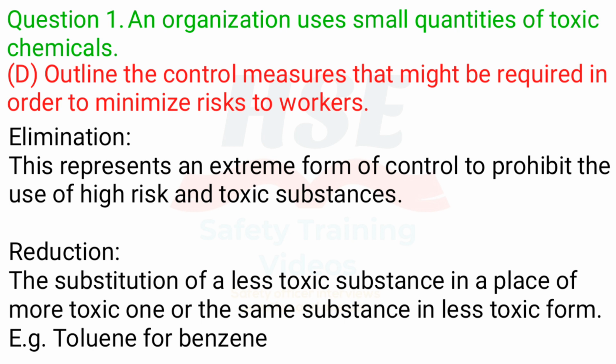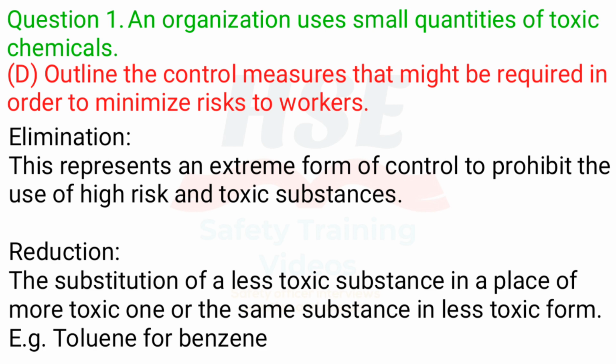D. Outline the control measures that might be required in order to minimize risks to workers. Elimination. This represents an extreme form of control to prohibit the use of high-risk and toxic substances. Reduction. The substitution of a less toxic substance in place of a more toxic one, or the same substance in a less toxic form.